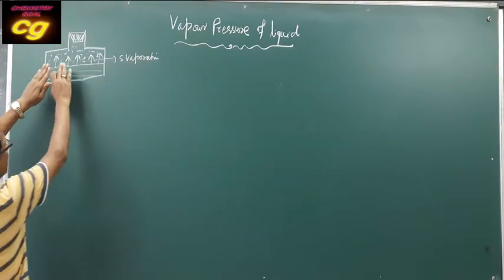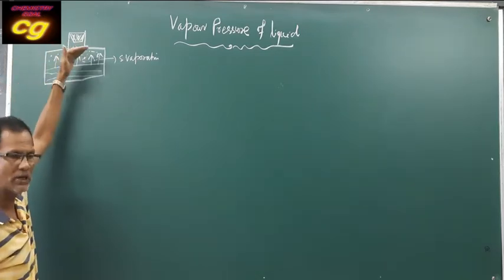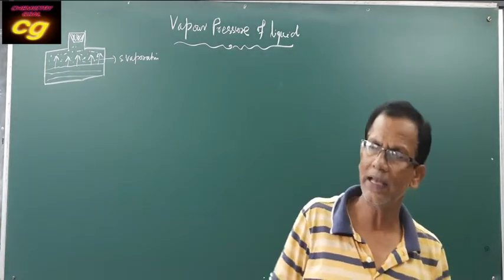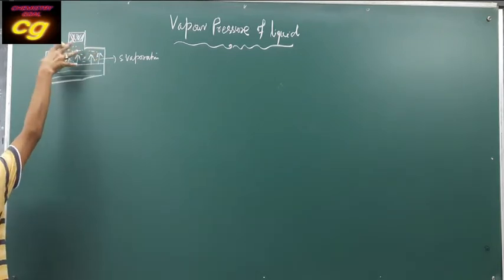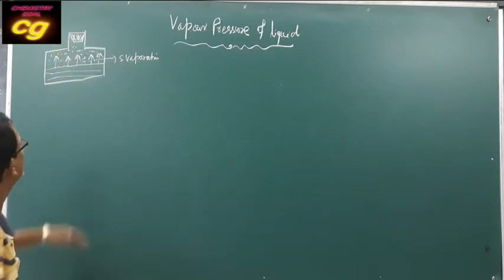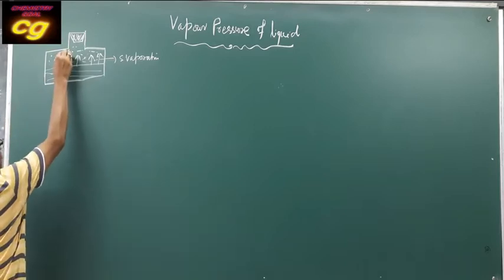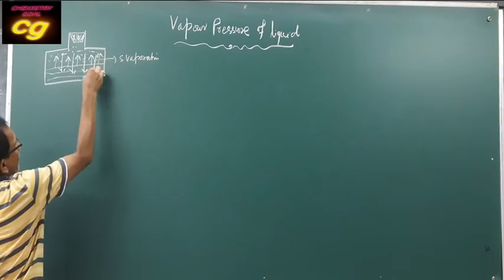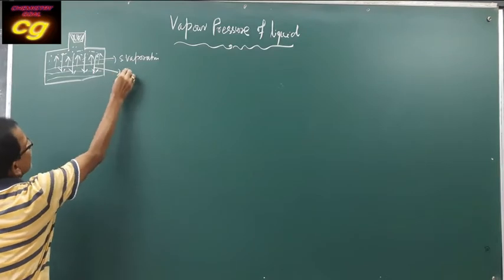Then, when the number of vapors increases at the surface of liquid, we know the properties of vapor, as they are free to move. When the number of vapor molecules becomes more on the surface of liquid, the vapor returns back to the liquid state. This is called condensation.